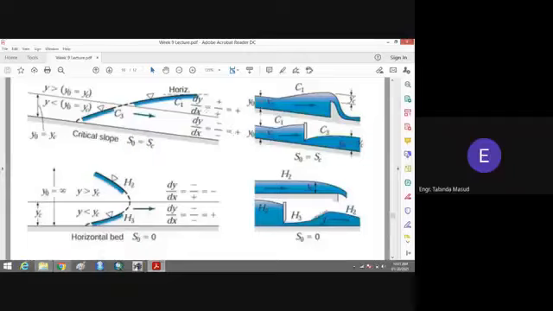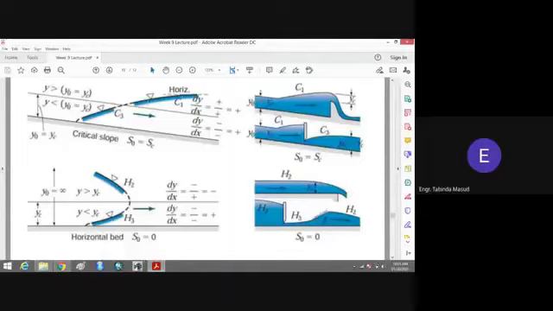And you can see, okay, now we will draw a curve which will be neither perpendicular nor tangent, because we draw tangent to the normal depth line and perpendicular to the critical depth line, but here the two lines coincide with each other. So we will get this kind of curve, at an angle in between tangent and perpendicular.